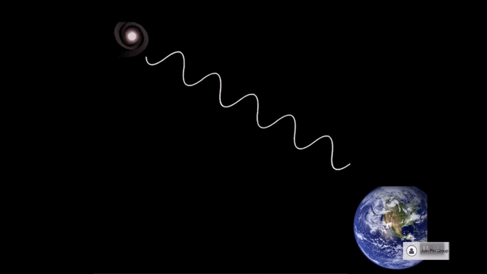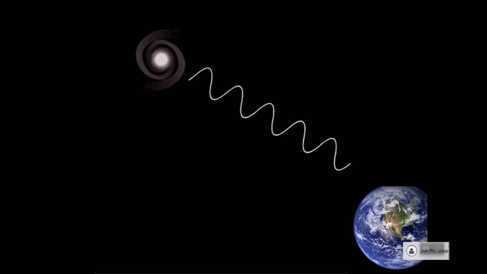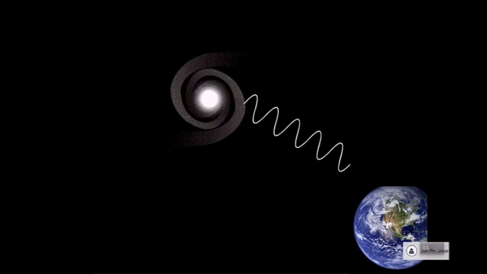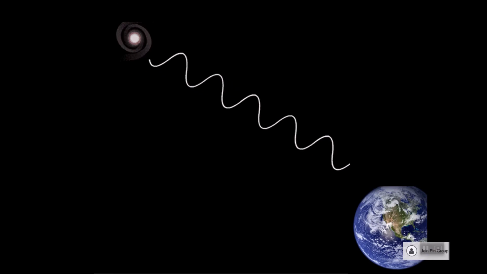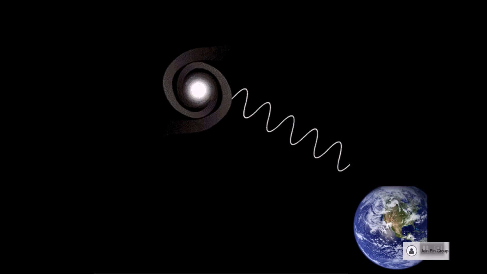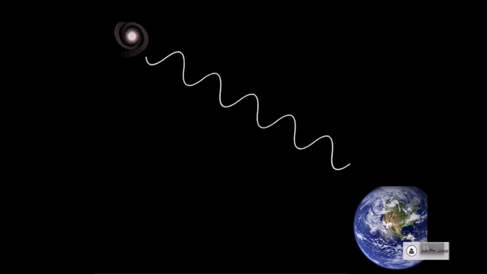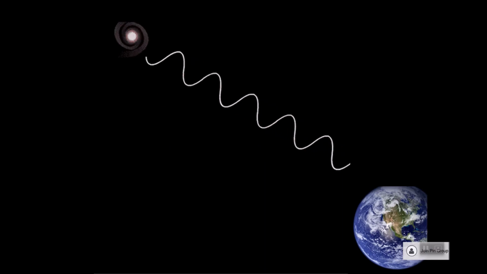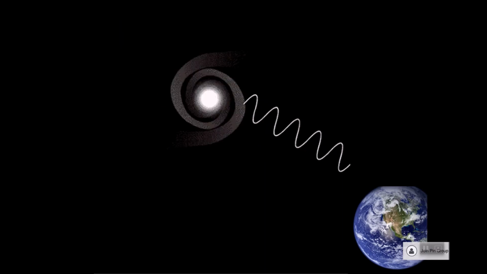So if we have something like a galaxy or a star that's moving away from us, the same thing is going to happen. The light that's been emitted from it is going to stretch, just like in this little animation here. Because it's stretching, the wavelength is getting longer. And instead of a fire engine moving away sounding lower, it looks like a lower frequency.